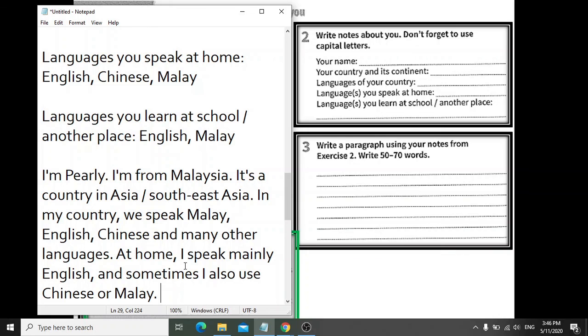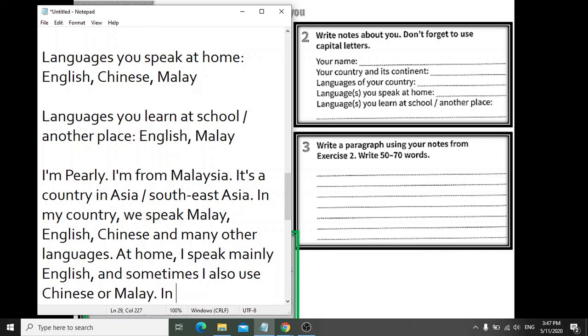Okay, so this one is up to you how you want to word it. You can say one language that you use more often than the others, or you can just in a simple way say I speak these few languages at home. Okay, next one, languages you learn at school or another place.